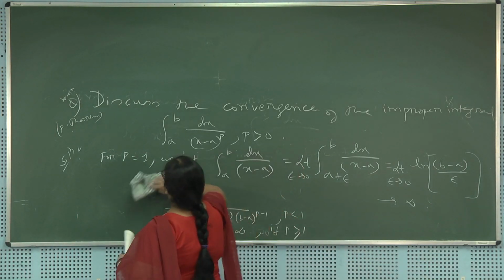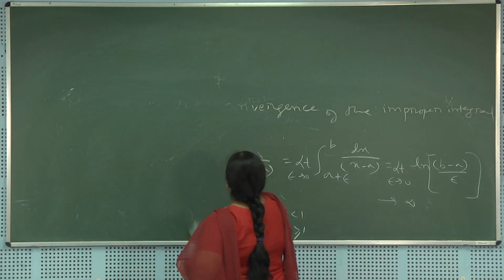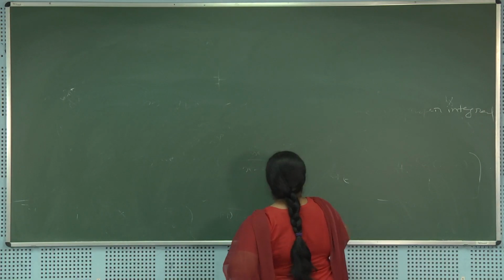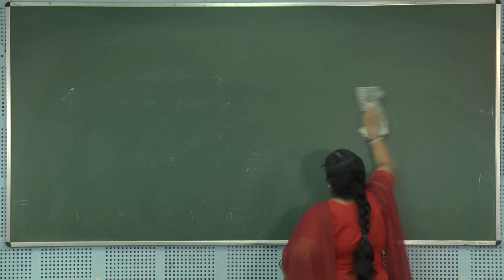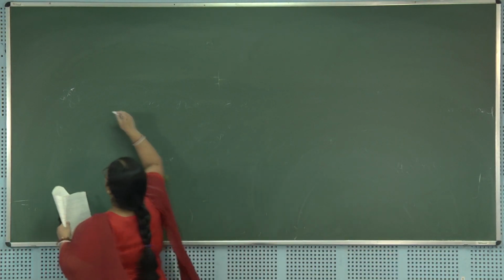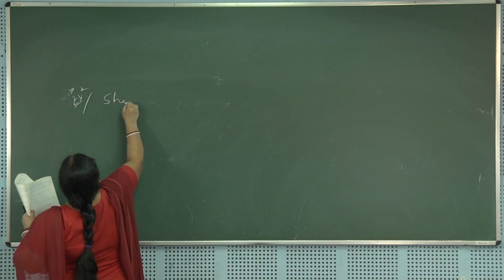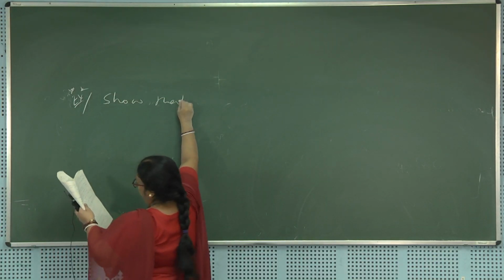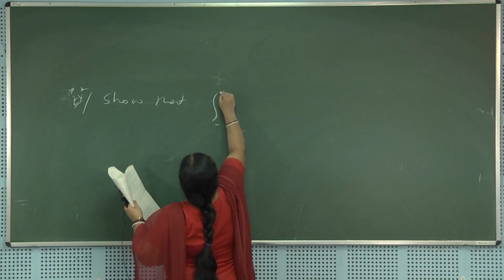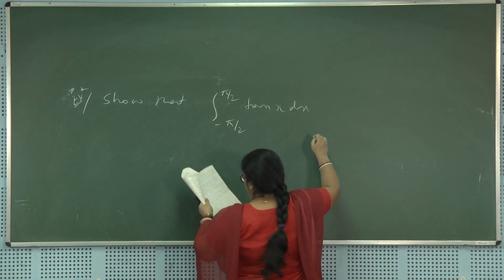Let us do a problem. Exercise. Show that the improper integral from minus pi by 2 to pi by 2 of tan x dx is divergent.